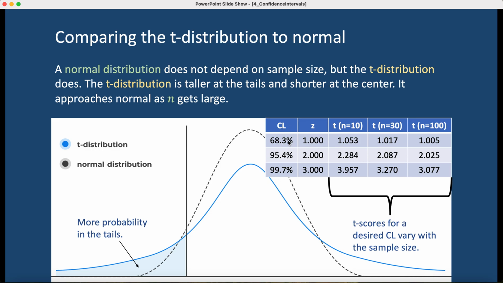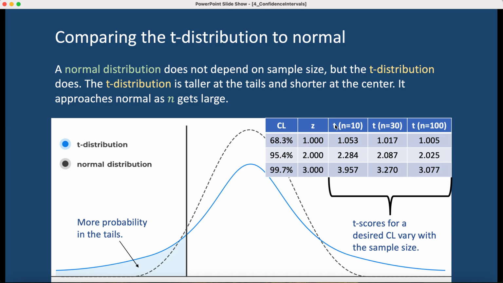And so if we look at this table here, we can see that the t-distribution is affected by the sample size. The normal distribution, where we use z-scores, is not. It only depends on the mean and the standard deviation. But if we take confidence levels, so the 68, 95, 99.7 rule, the z-scores are 1, 2, and 3.